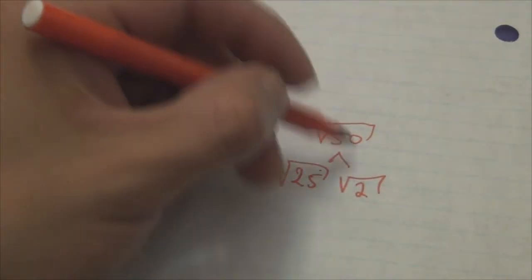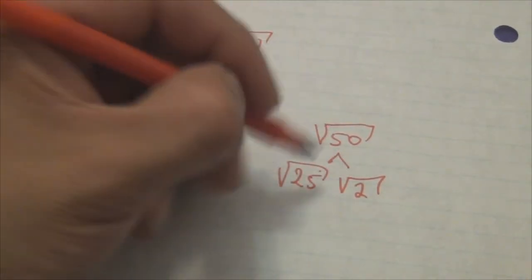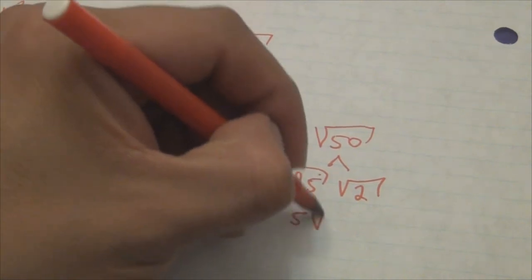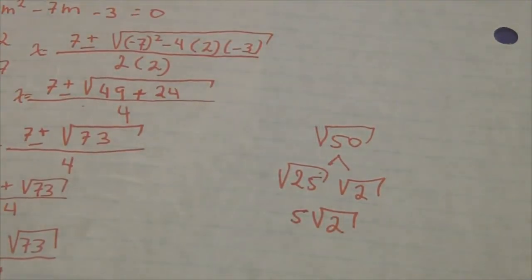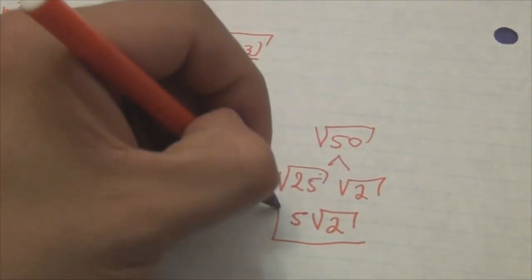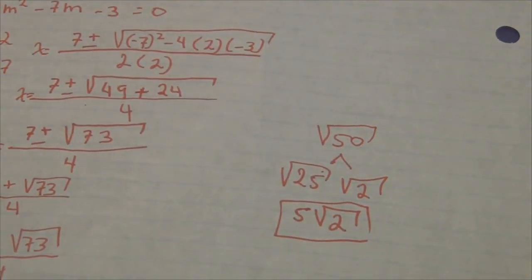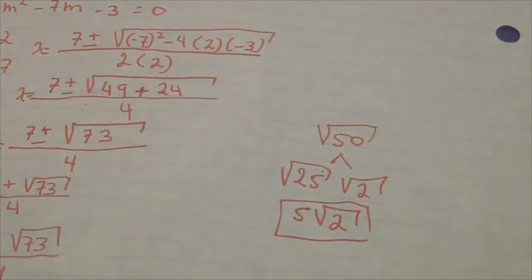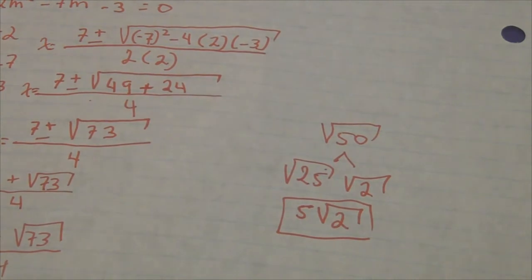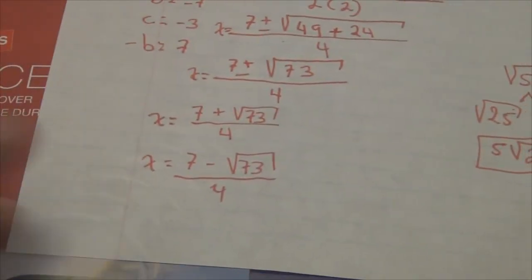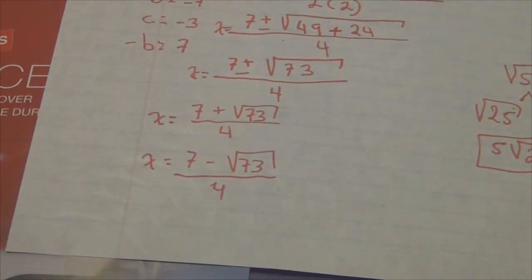So 25 times 2 is 50. Square root of 25 is 5, and square root of 2 doesn't have one, so it stays as 5 radical 2. That is simplifying radicals. In this case, 73 is a prime number. You cannot simplify it into factors.